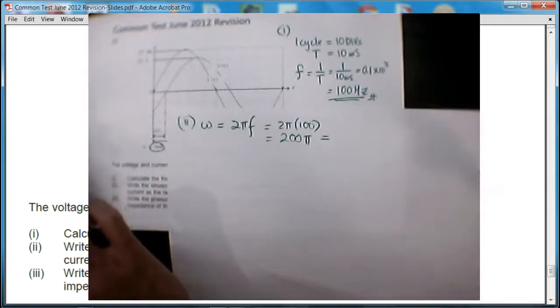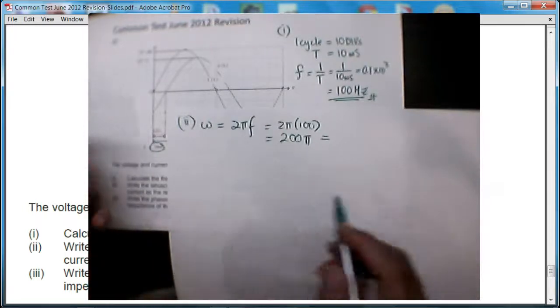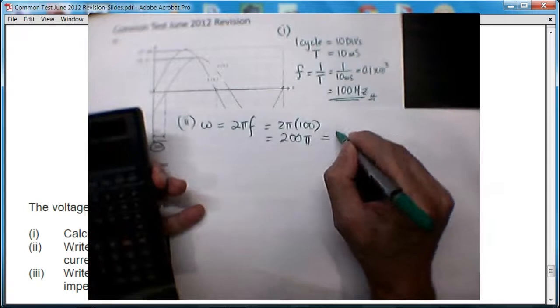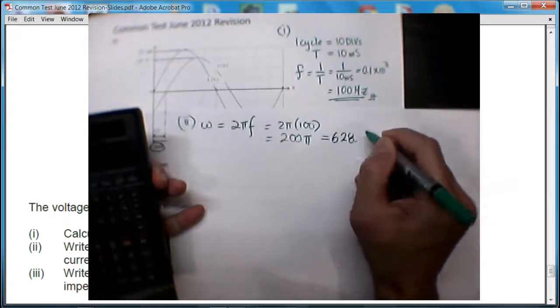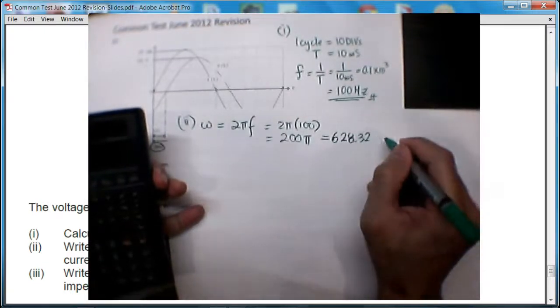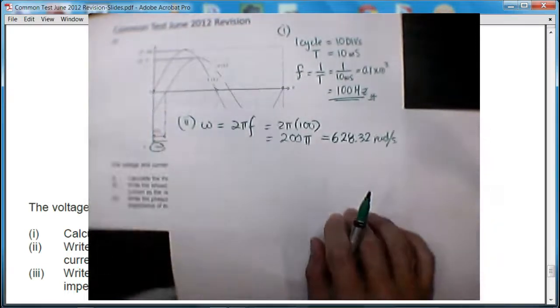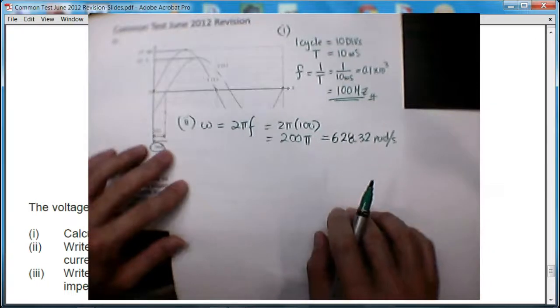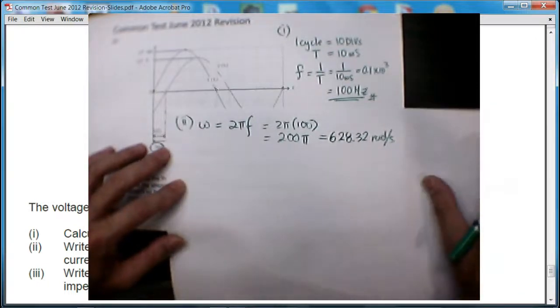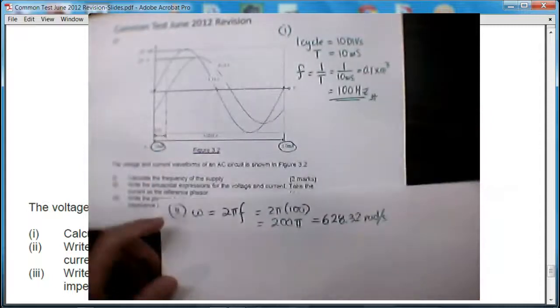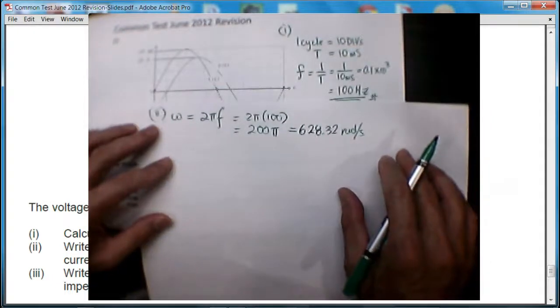Pi times 100 goes to 628.32 radian per second. Now with that, I can go on to write the sinusoidal expression for the voltage and the current.